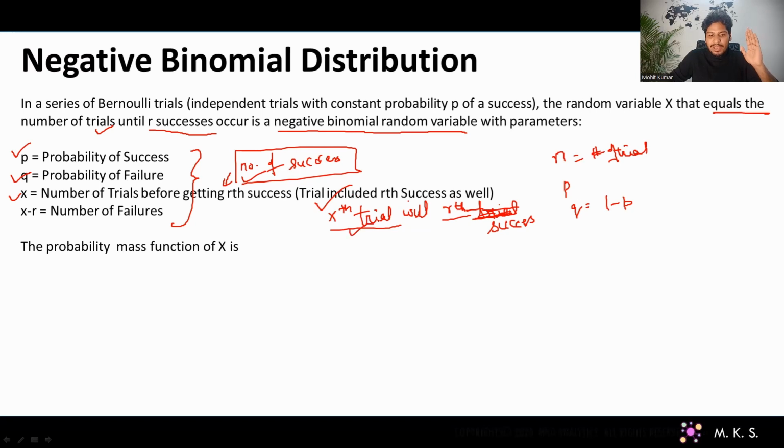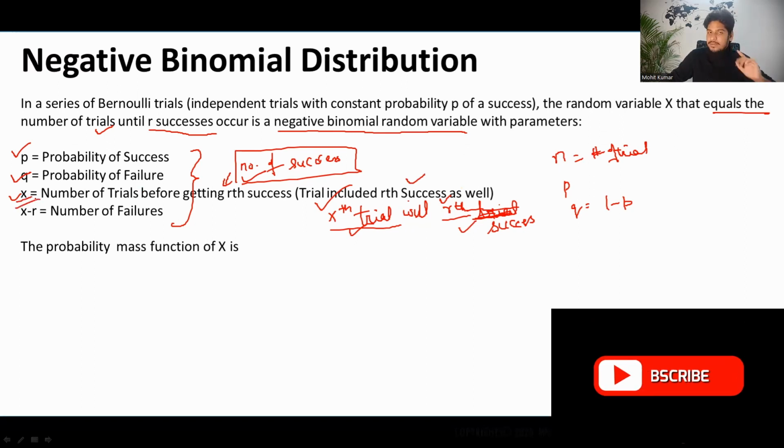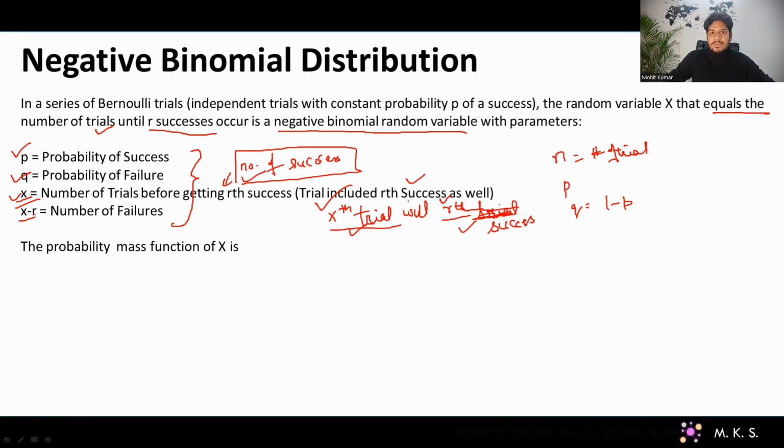For that, you have to calculate the probability, right? So the Xth trial will result in the Rth success. So your Rth success will get included as a trial in your X. Okay, this is important to understand. Now, if I say X minus R, you can easily interpret that this is the number of failures we actually received in our experiment, right?